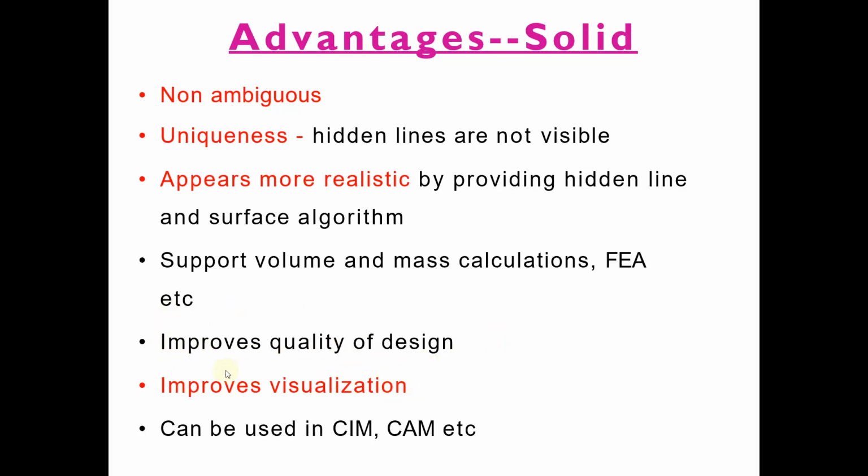It improves visualization and can be used in computer integrated manufacturing and computer aided manufacturing, etc. That means whenever we create a three-dimensional model, we can do certain analysis and then send that model directly to be manufactured using computer aided manufacturing or computer integrated manufacturing techniques.